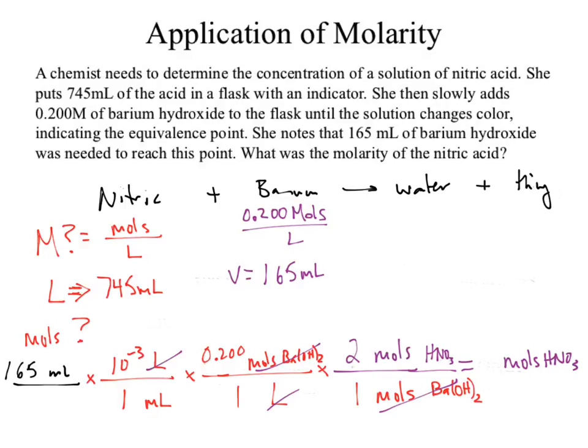What unit would I now have at the end of all of this calculation? Milliliters cancel, so no milliliters. Liters cancel, so no liters. Moles of barium hydroxide cancel, so no moles of barium hydroxide. Moles of nitric acid. What was I trying to solve for? Oh, snap, there it is.